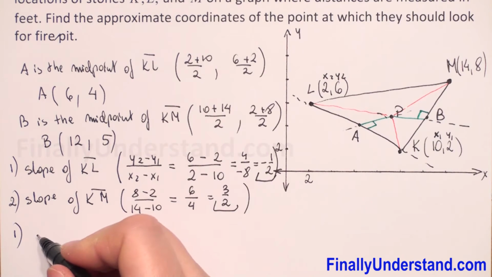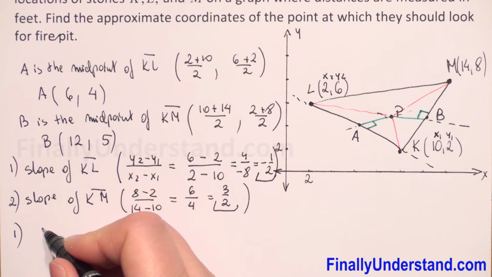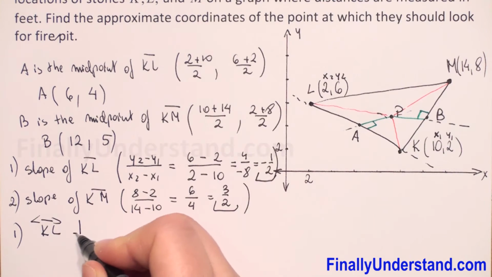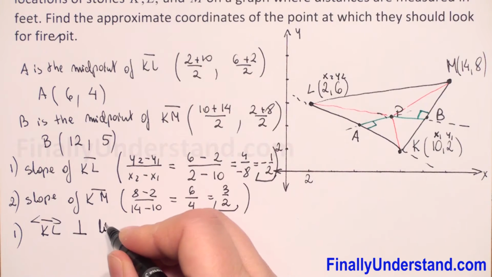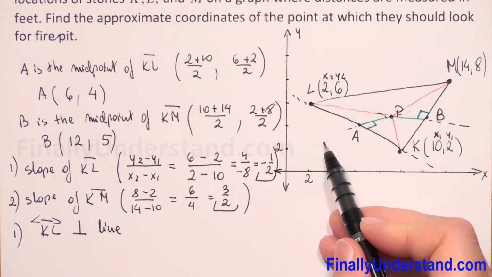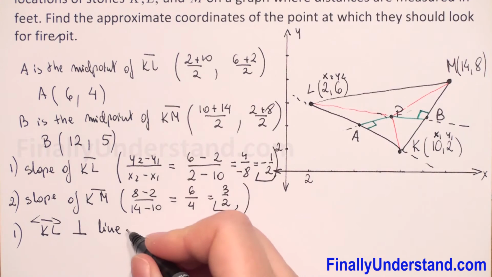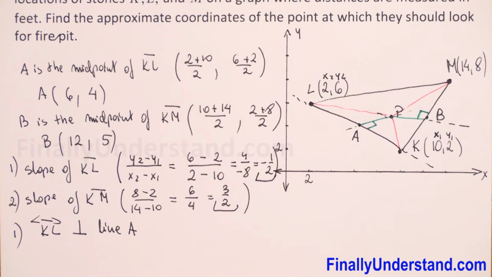So again, KL line is perpendicular to the line which passes through point A. So we know that two non-vertical lines are perpendicular if and only if the product of their slopes is -1.